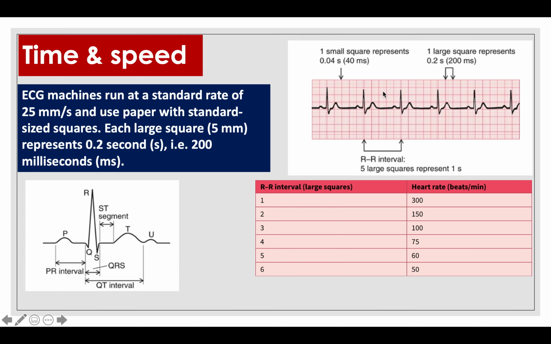So in this case, in our ECG on the screen, we have 1, 2, 3, 4, 5 big boxes. Therefore, your heart rate comes around the region of 60, which is normal. 60 to 100 is a normal heart rate. That's a simple way of calculating. This is how I usually get around calculating my heart rate.